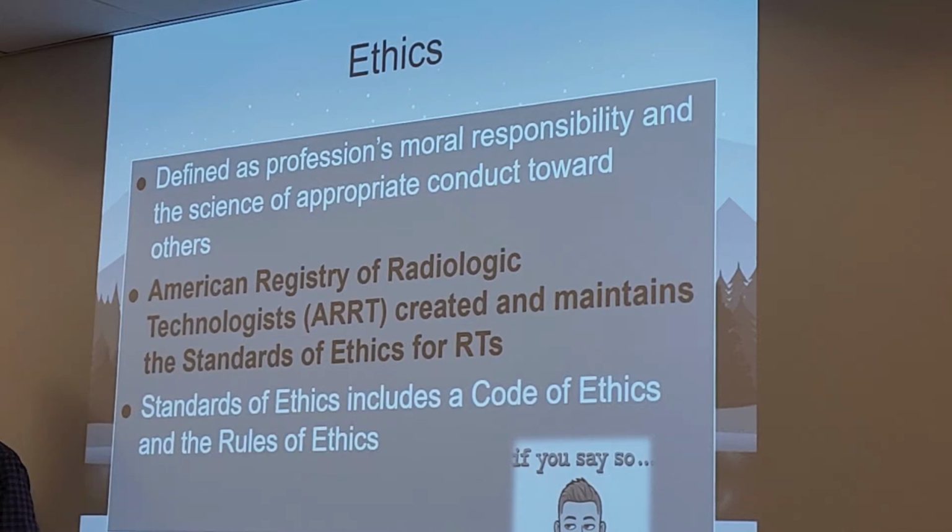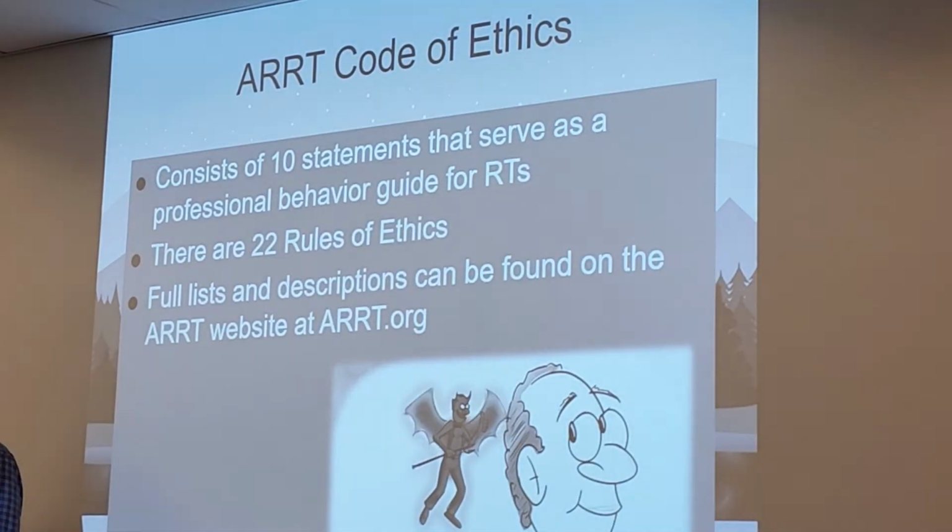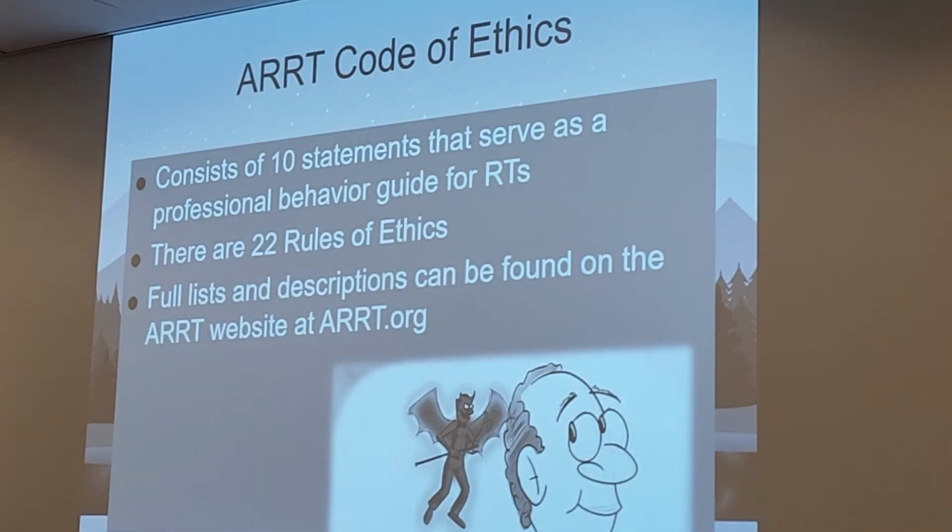The standards of ethics includes a code of ethics and the rule of ethics as well. Once again, all of this can be found on the ARRT's website at arrt.org. The ARRT Code of Ethics is a series of 10 statements.